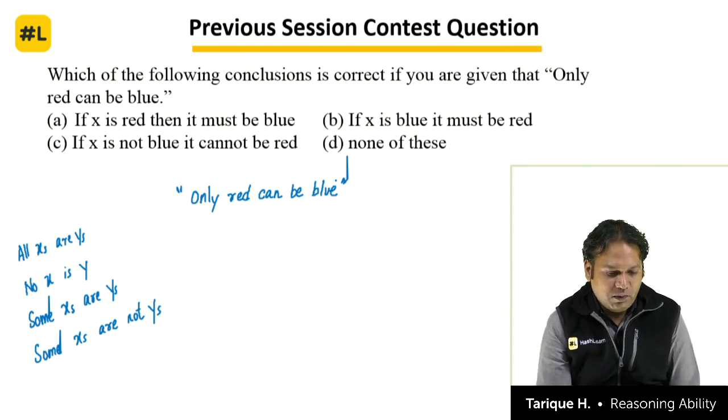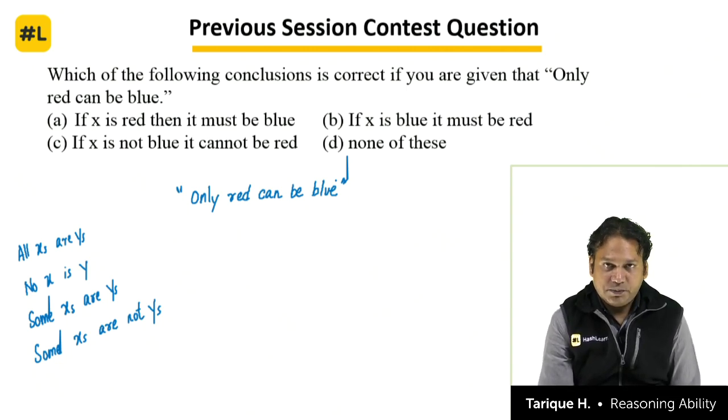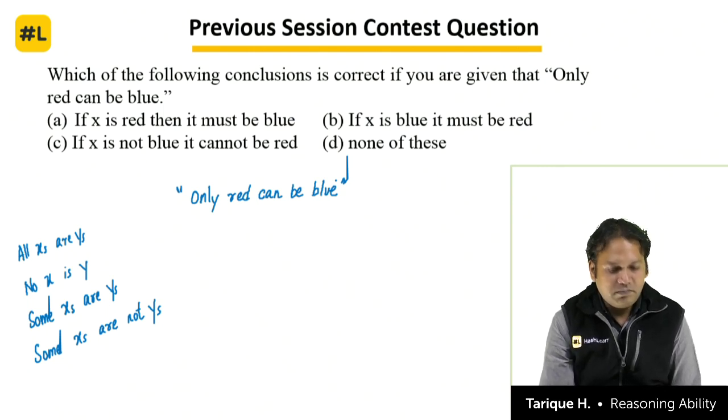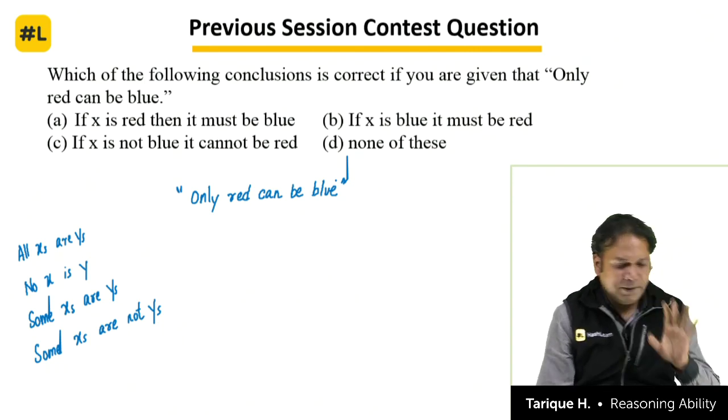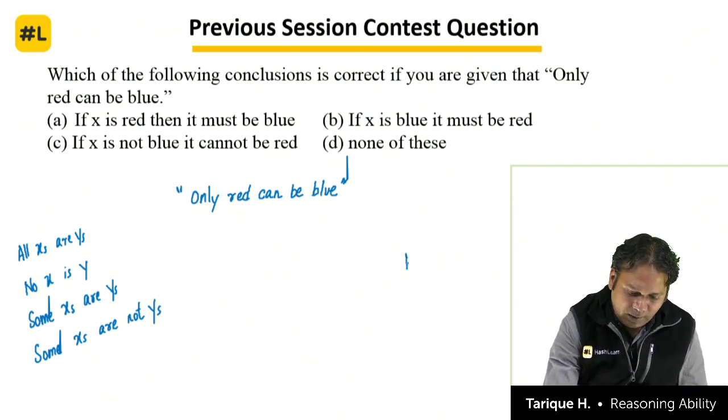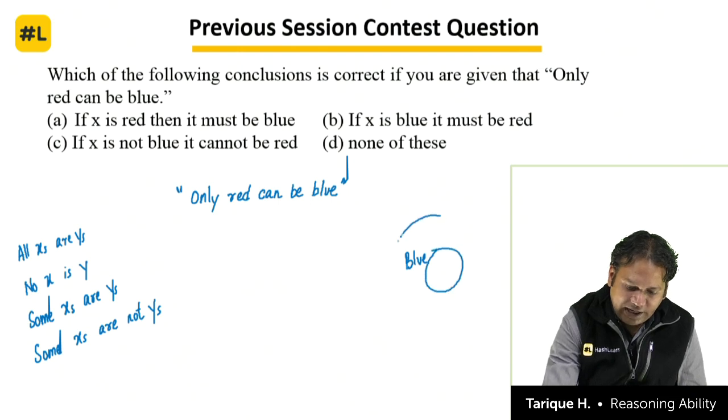So only red can be blue means nothing else can be blue. Does it mean that green cannot be blue? No, it means that to be blue, one must be red first. So the blue circle should be inside the red circle.